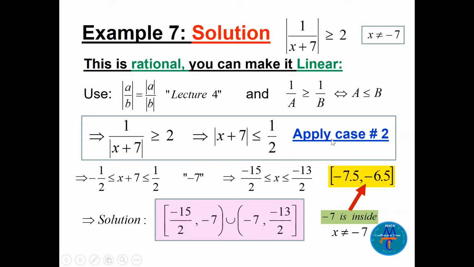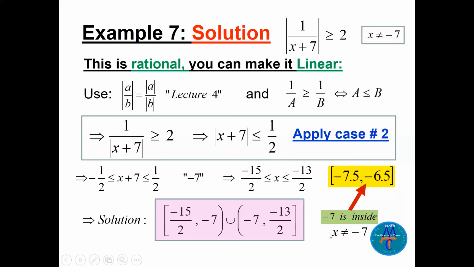So now this is easy, case number 2. Remember case number 2, we have to use the word between. So x plus 7 is between minus half and half. Now subtract 7, so x will be between minus 15 over 2 and minus 13 over 2. If you put this answer here, minus 7.5 to minus 6.5, that's wrong, because remember, go back, x cannot be minus 7.